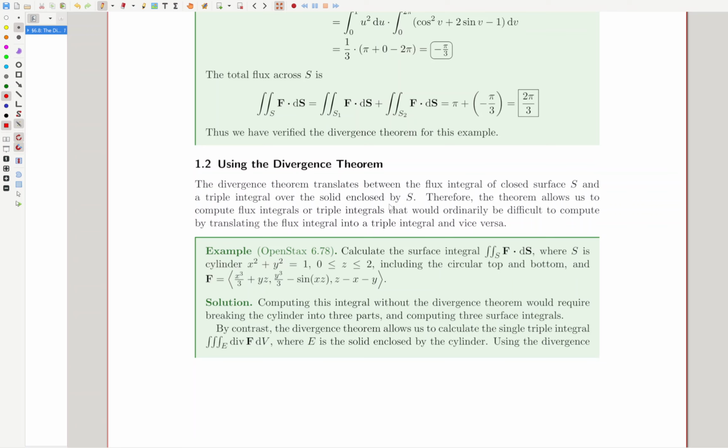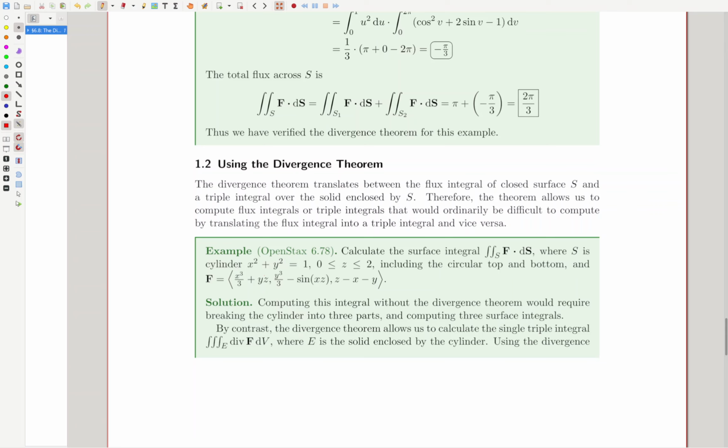In this example, we are talking about a cylinder, z going from 0 to 2, including the top and the bottom, and it involves this vector field. If we were computing the surface integral directly, the cylinder comprises 3 parts: the circular top and bottom, and also the lateral side of the cylinder.